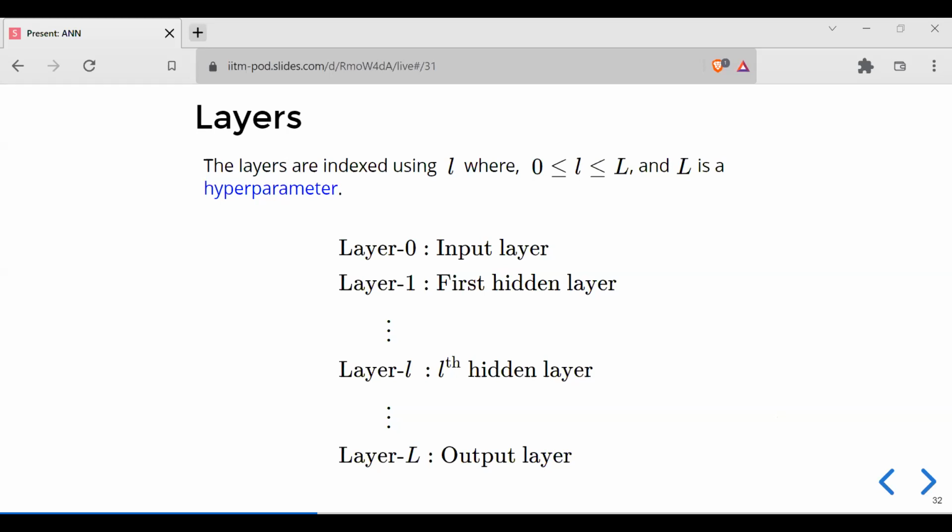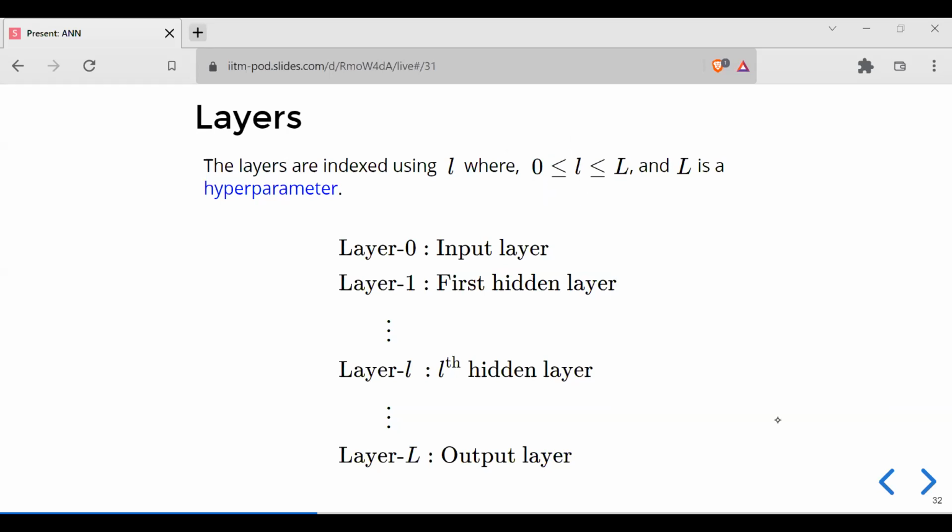Let's say you have a total of L layers. The 0th layer denotes the input layer and the Lth layer denotes the output layer. So how many hidden layers do you have? L minus 1 hidden layers, because the 0th layer is the input layer and the Lth layer is the output layer.